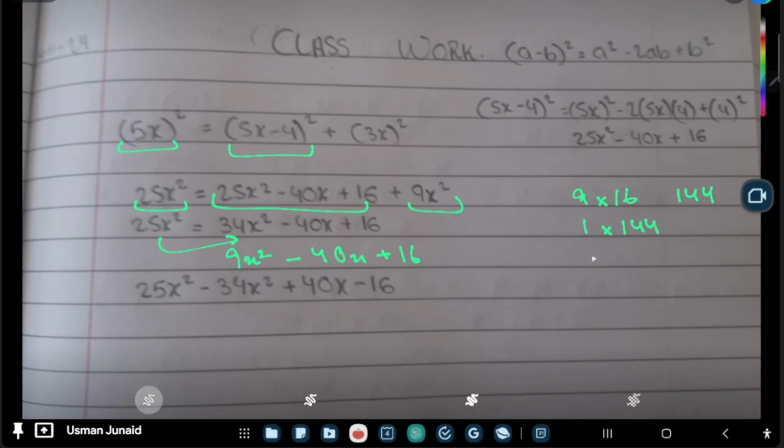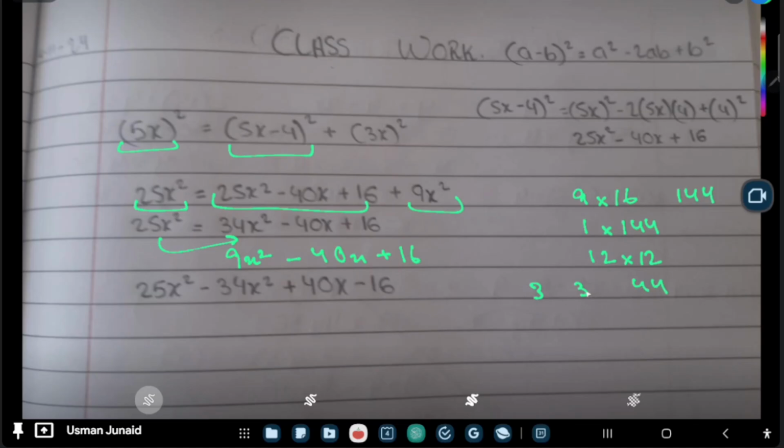You have 12 and 12. What else do you have? Can we break this into 3, 3, 4, and 4? So now you have 3, 3, 4, and 4. So you've got 9 and 16. You've got 12 and 12. What else?